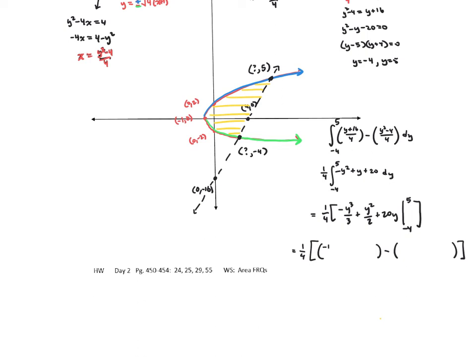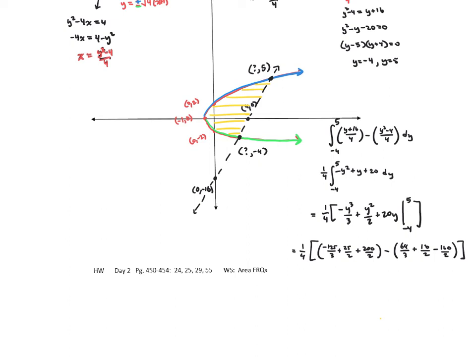This would be -125 over 3 plus 25 over 2 plus, I'm actually going to write this as 200 over 2, intentionally so that I can combine some like terms here. If I sub in -4, 4 cubed is 64, so that'd be 64/3. And that would be 16 over 2. And that would be -160 over 2.